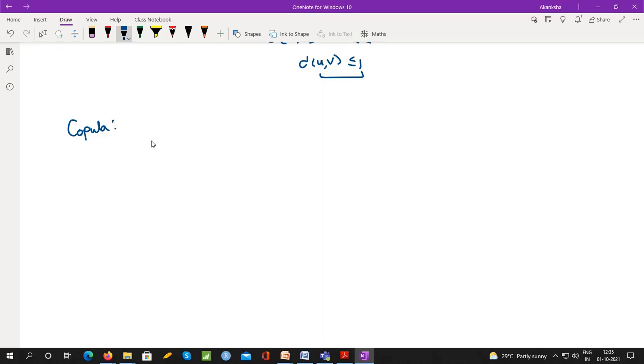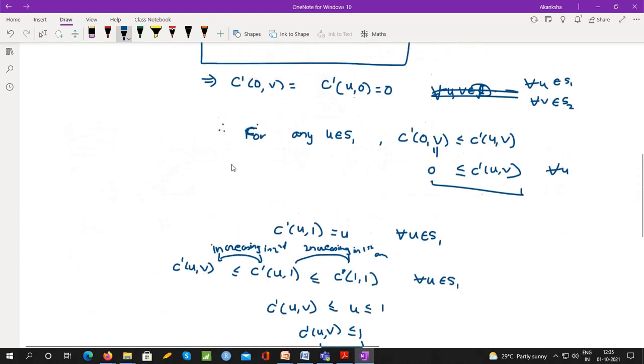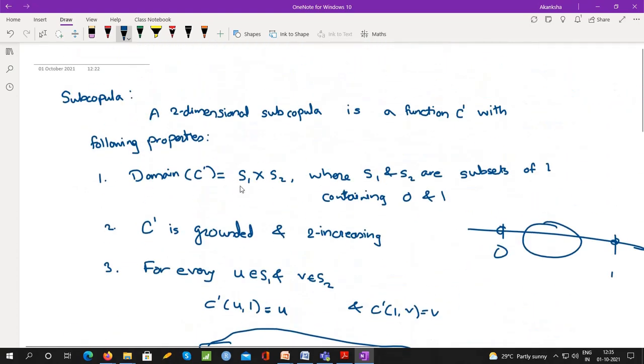A two-dimensional copula is a two-dimensional subcopula whose domain is I2. So the only difference between copula and subcopula is, here I was saying that we can have any S1 and S2.